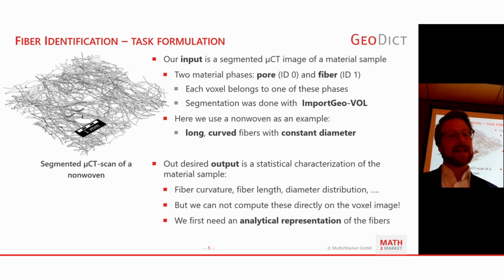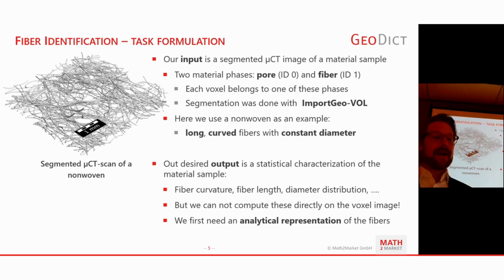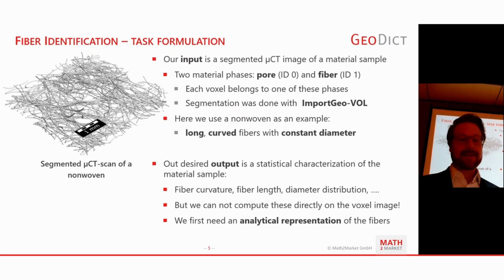Again, we use a non-woven as an example here, which consists of long curved fibers with a constant diameter. And our desired output in the very end is to have a statistical characterization of our material sample with, for example, fiber curvature, fiber lengths, diameter distribution, which identifies and characterizes our material, which allows us to compare the material, for example, against other materials.